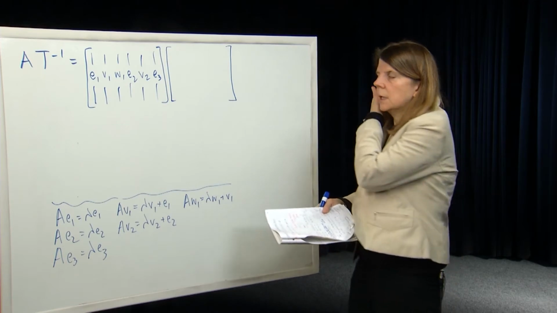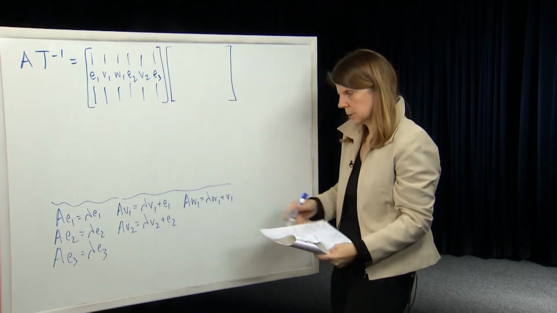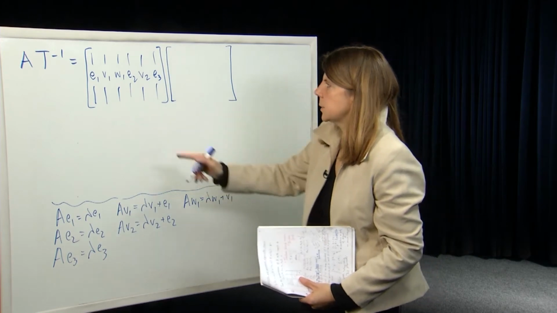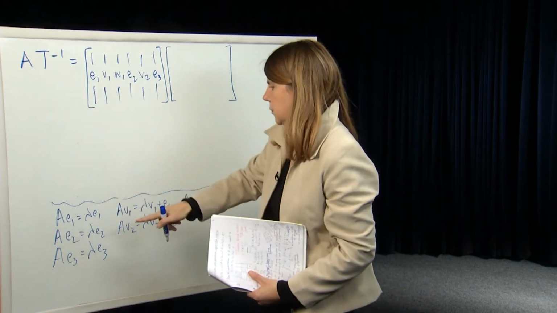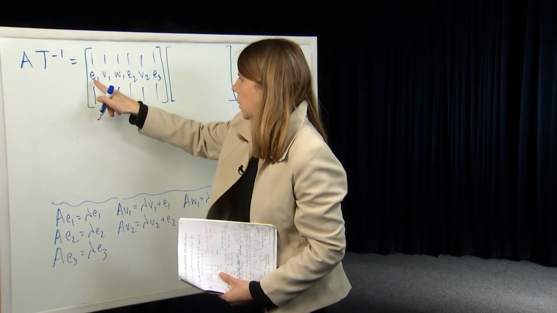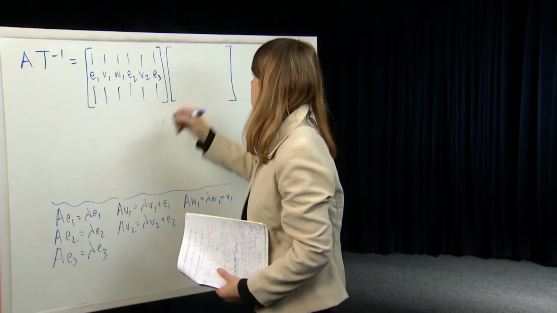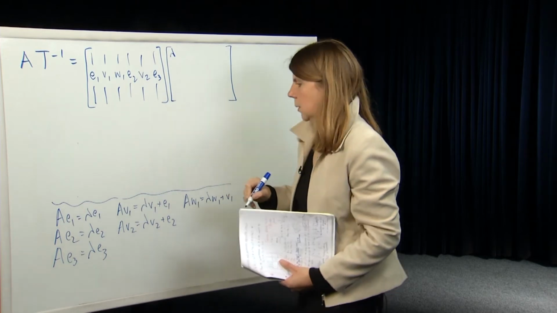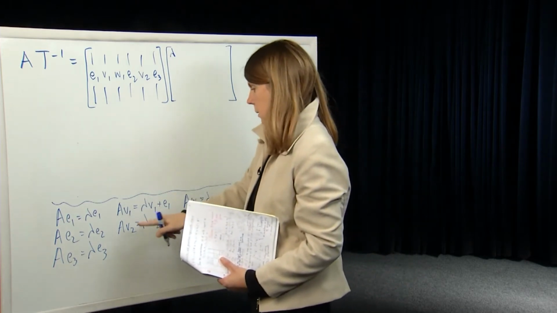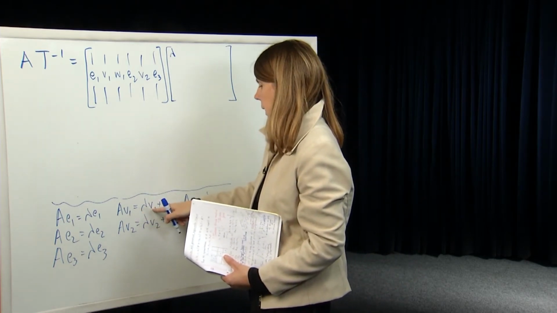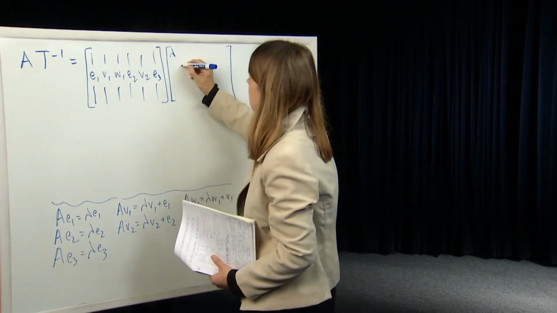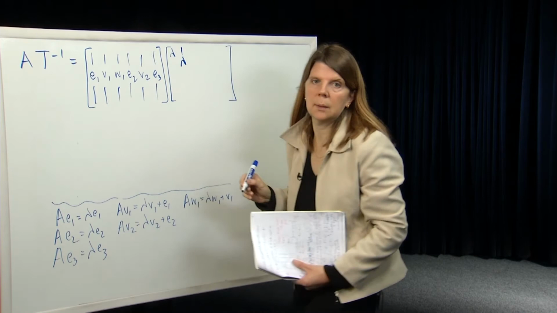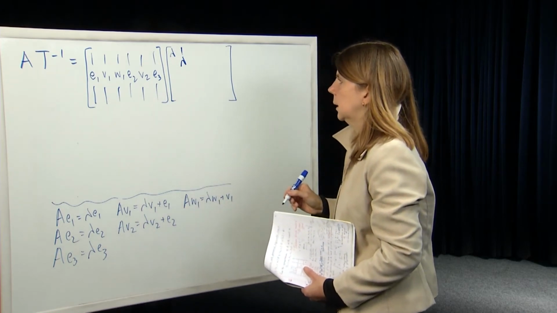This is no longer a diagonal matrix, but from these equations we can construct what these elements are. A E1 is equal to lambda E1, so there's a lambda here. Now A V1 is equal to lambda V1 plus E1. So I have a lambda V1 plus E1, which gives me a 1 up here on the superdiagonal.